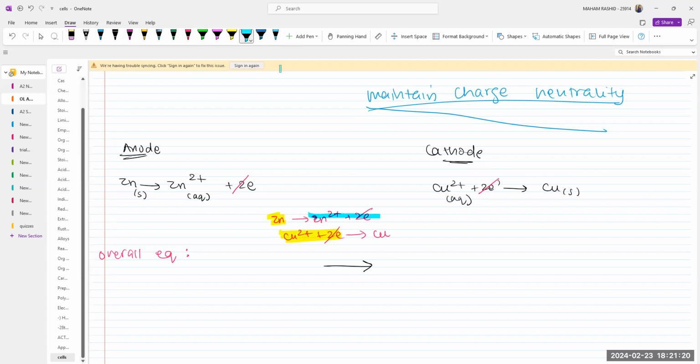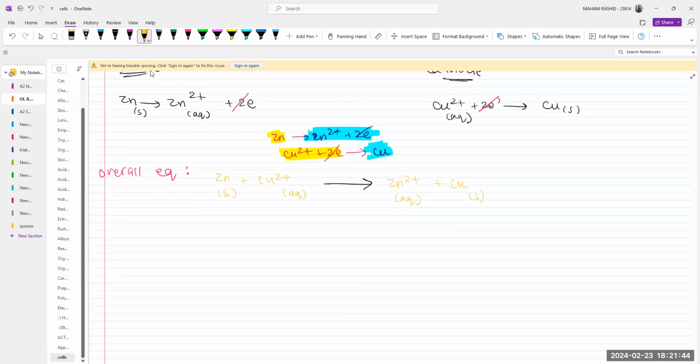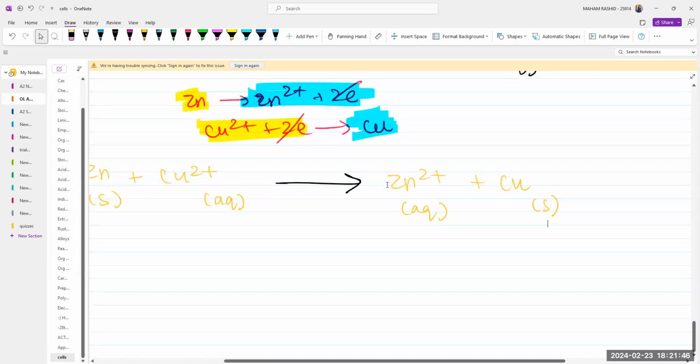Left side comes on the left, right side comes towards the right. So it's Zn plus Cu2+ giving you Zn2+ and Cu. Zn is a solid, Cu2+ is aqueous, this is also aqueous, it's an ion, and copper is again a solid. So we have our overall equation, and now let's see what's getting oxidized and what's getting reduced.